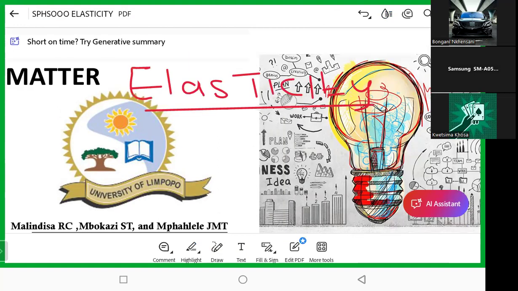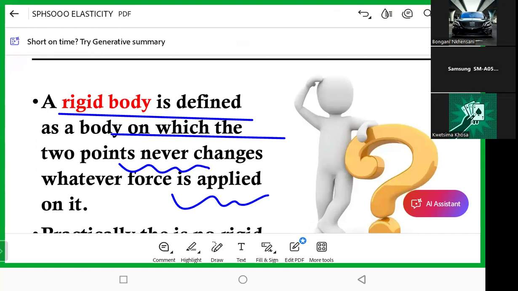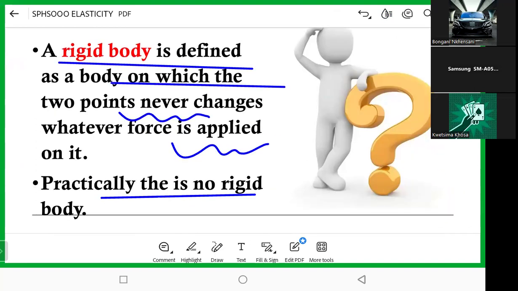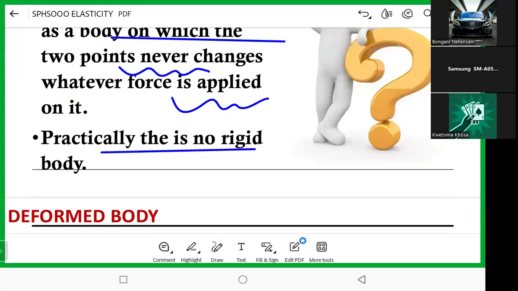We have the first concept here, the rigid body. A rigid body is a body on which the two points never change whenever a force is applied on it. Practically, there is no rigid body.